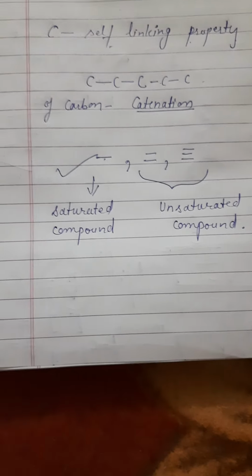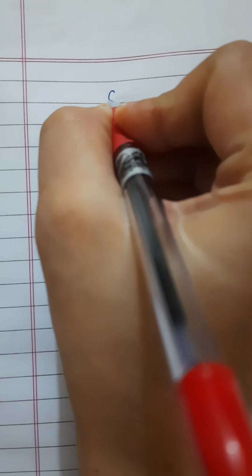How can you make the bonding? See, I'm taking one example, methane, CH4. Carbon makes 4 bonds, with 4 hydrogens.